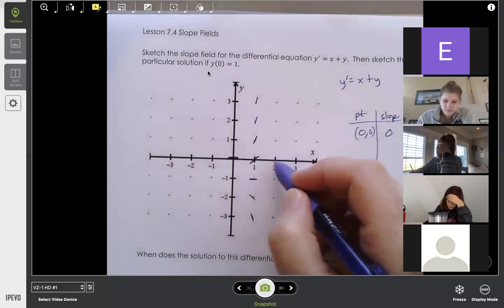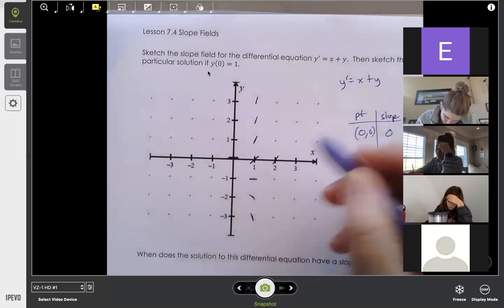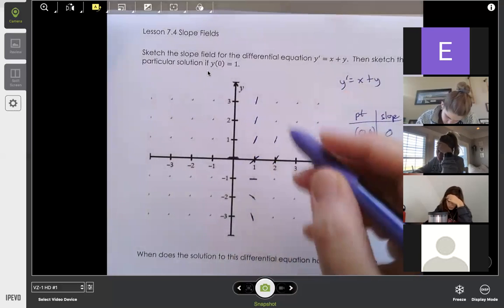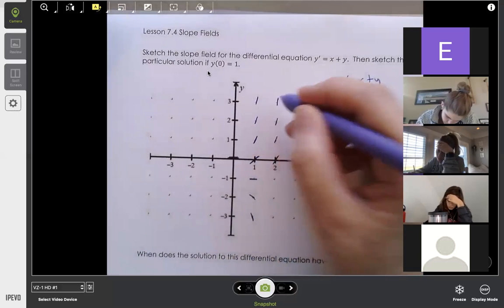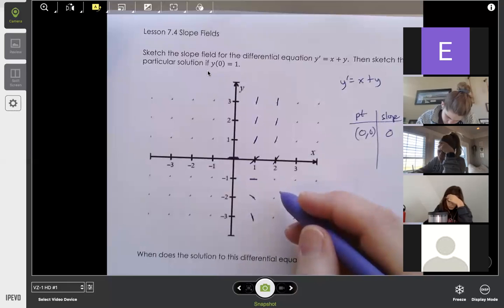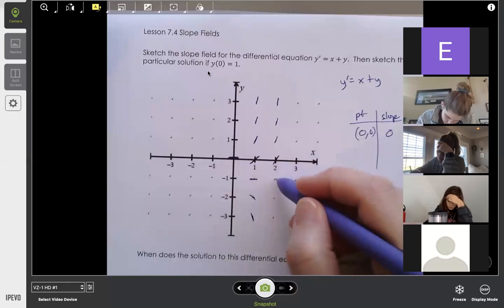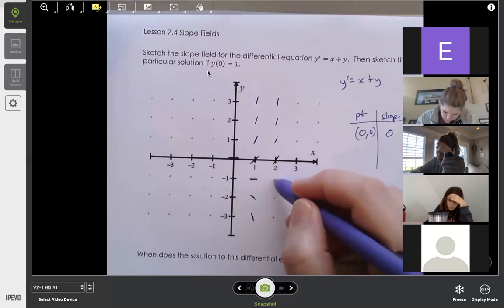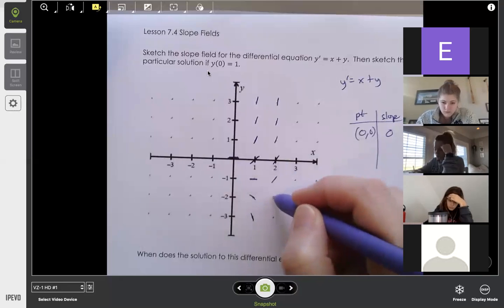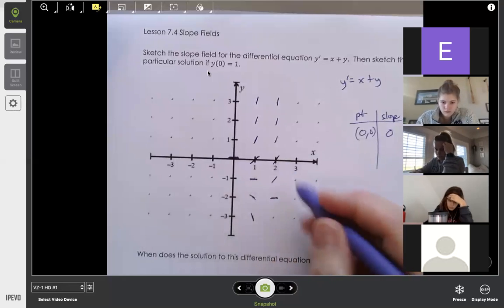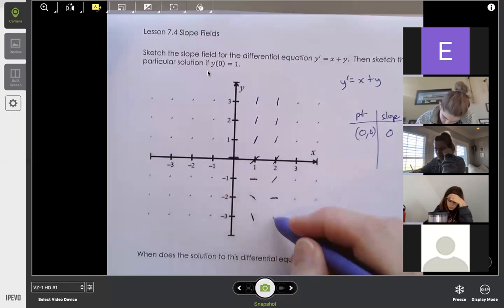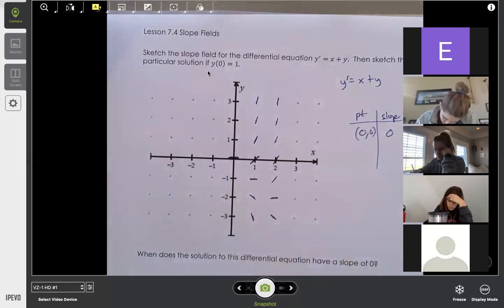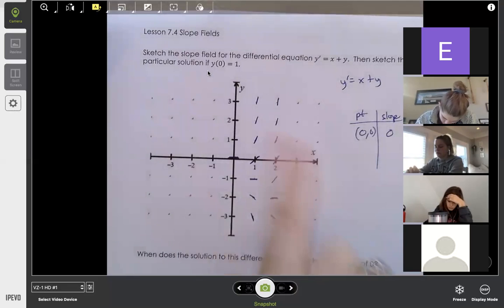At 2, 0, it would be 2. 2, 1, it'd be 3. Then it'd be 4. Then it'd be 5. 2, negative 1 would be 1. 2, negative 2 would be 0. 2, negative 3 would be negative 1. And we just continue. Now, on the AP exam, I think they limit the number of points. You wouldn't have this many points.